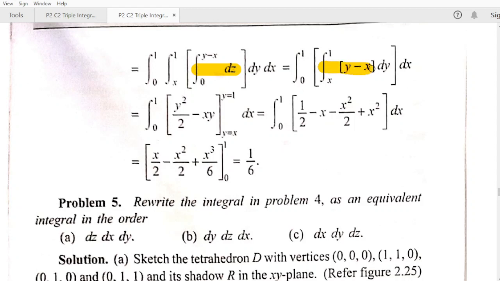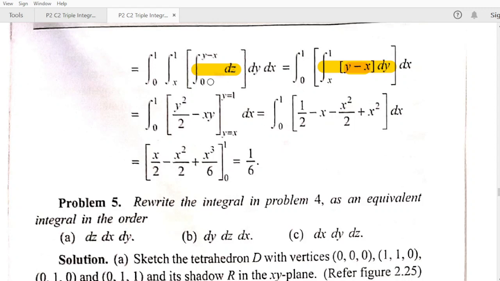In the next step we'll evaluate with respect to y. When we are integrating with respect to y, we'll consider all other variables as constant. So we get the integral from 0 to 1 of y square by 2 minus x into y, with limits from y equal to x to y equal to 1, dx.